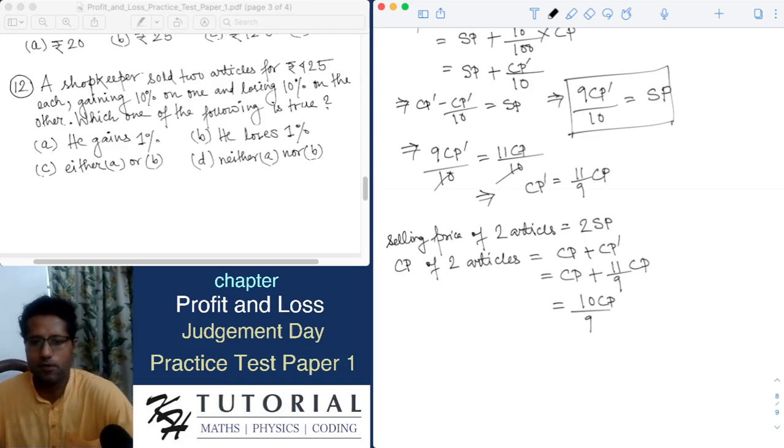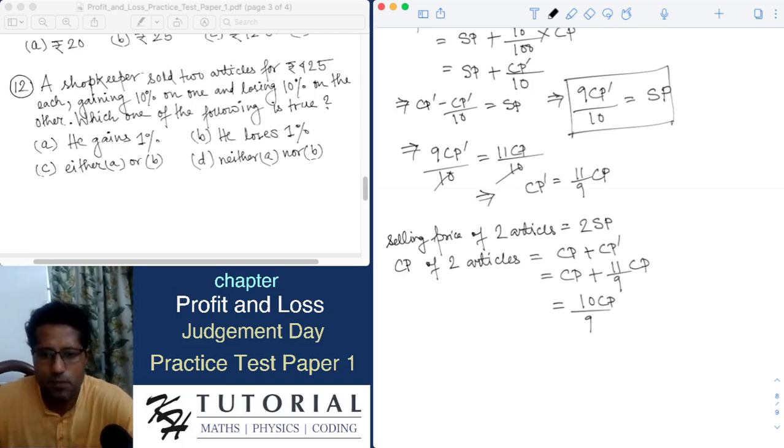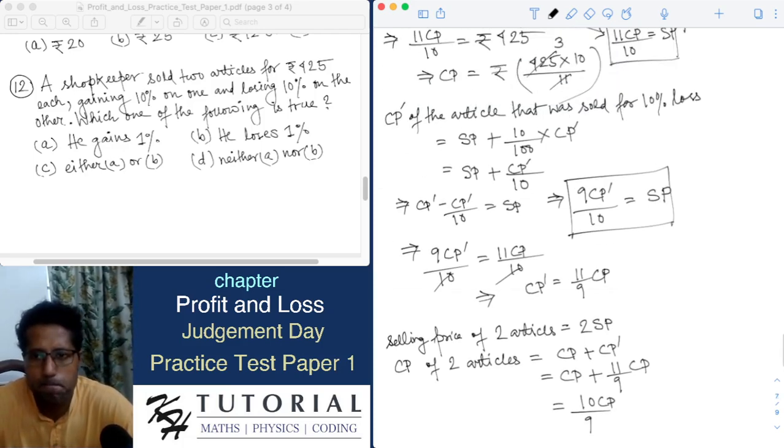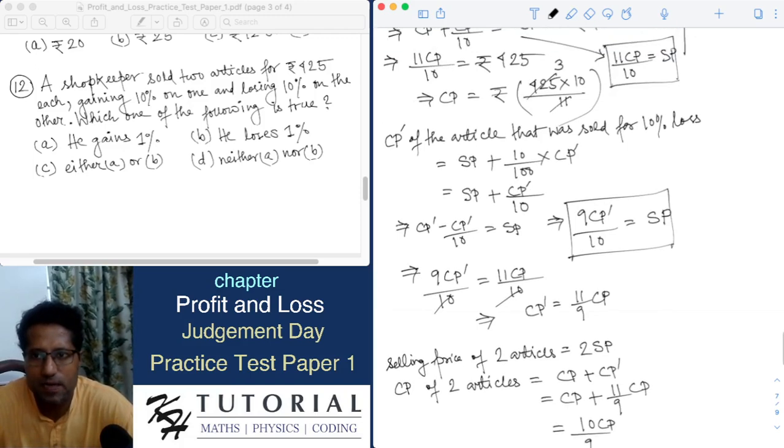And the selling price of the two articles is 2SP. Also we know that 11 CP by 10 is equal to SP.